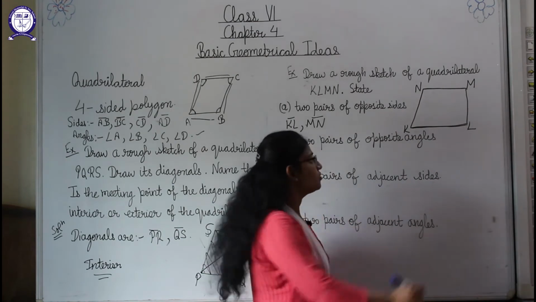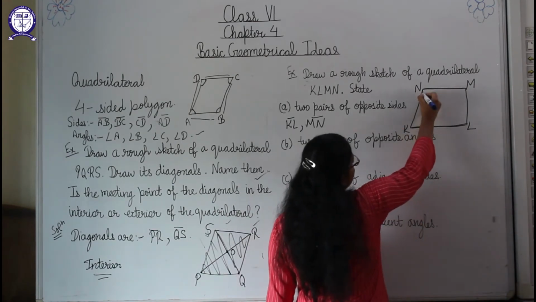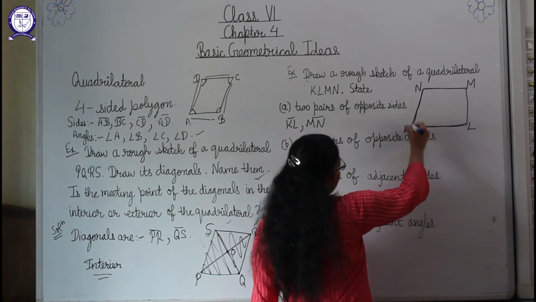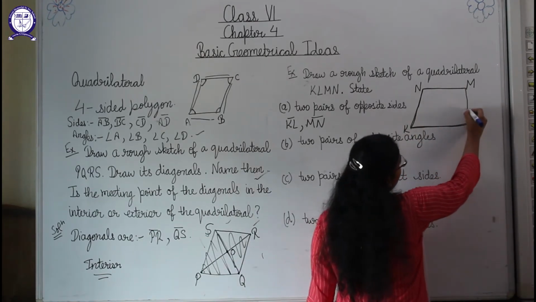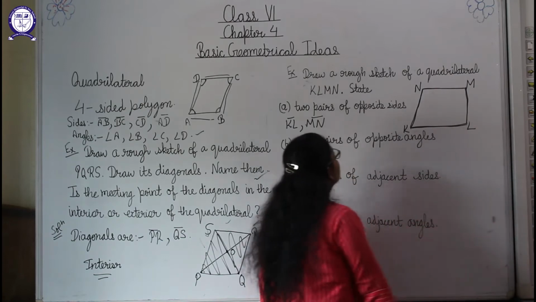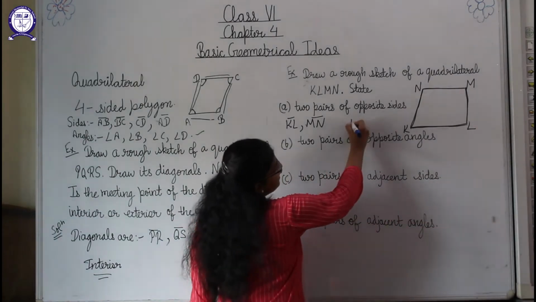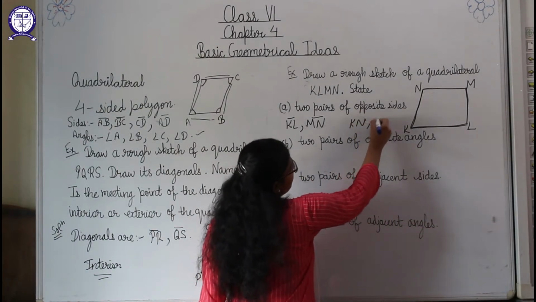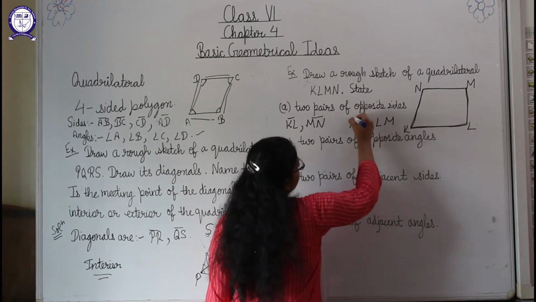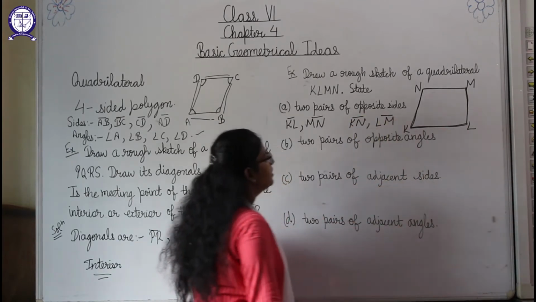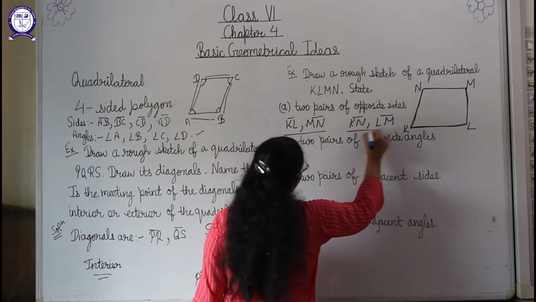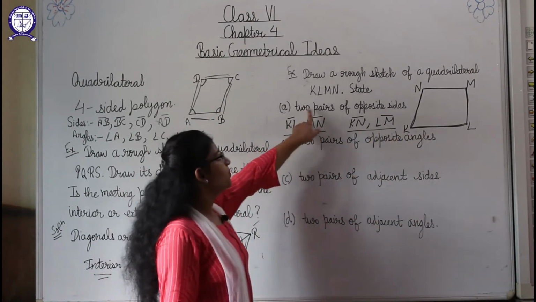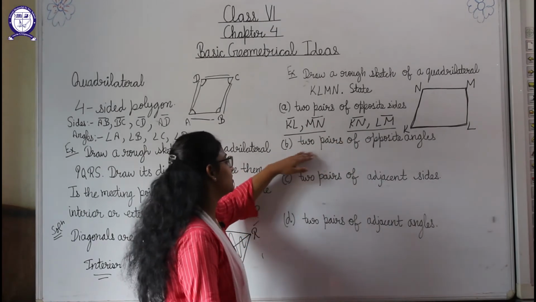This is side KN, and its opposite side will be LM. So another pair is KN and LM. These two are opposite sides. This is one pair and this is the second pair, and we have to tell about two pairs.